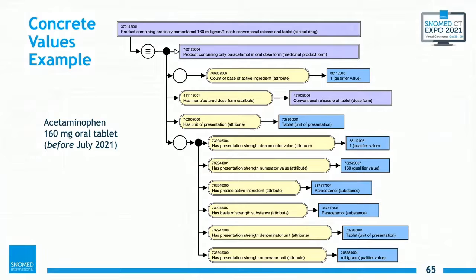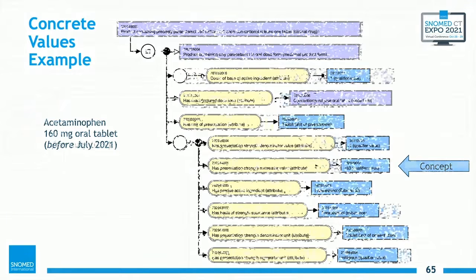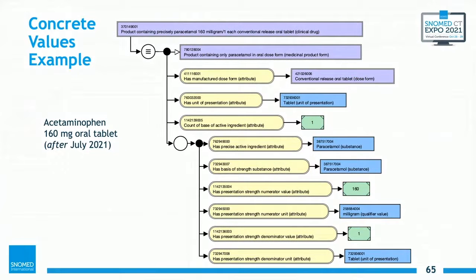Now, prior to July 21, numerical values in SNOMED CT were represented as concepts to allow the drug model implementation. A concept was created to represent every number needed in the international drug model. Moving forward, clinical drug strengths will be represented as true numbers, as opposed to using the existing workaround of concepts which represent those numbers.